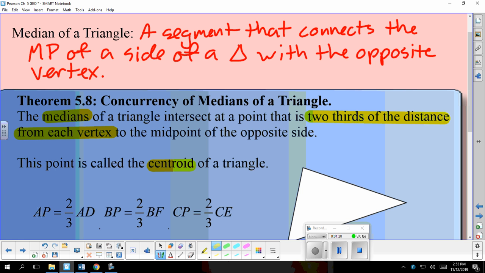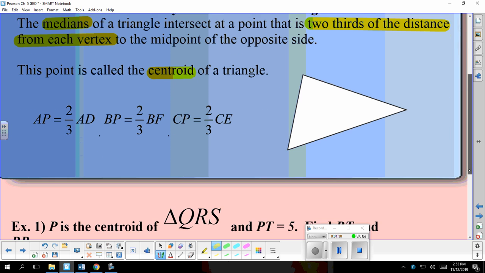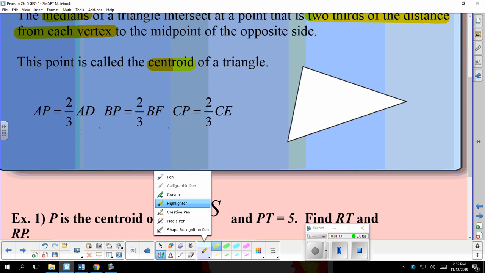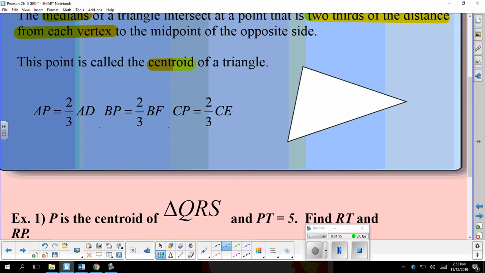So here in this triangle, I'm going to label this ABC. And we're going to put point E there. D goes to that midpoint.